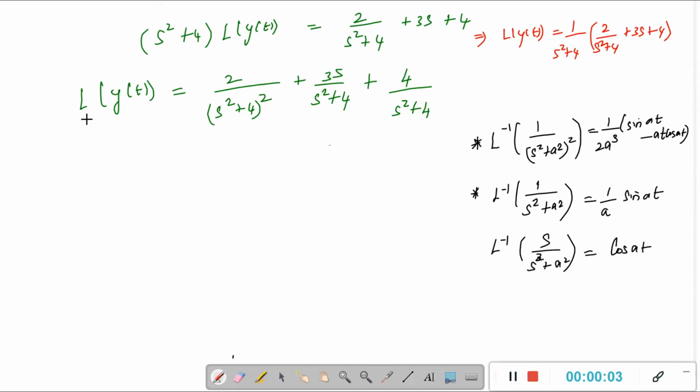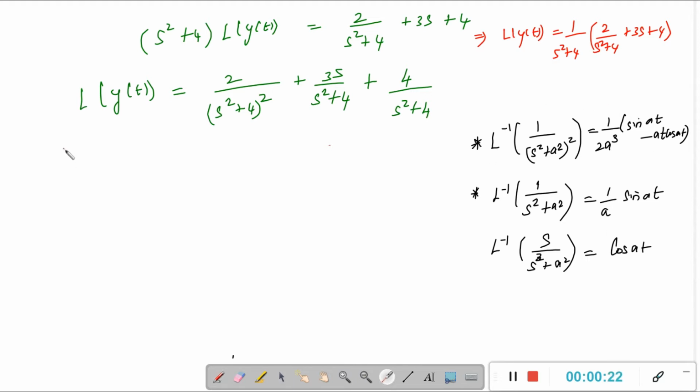If you shift L to the right hand side, you get an inverse. You are going to apply the inverse. In this part I am going to apply these three formulas on the right hand side.